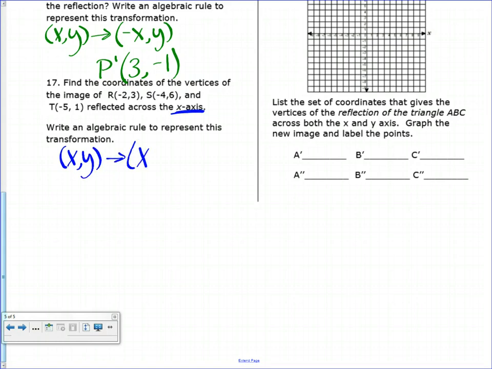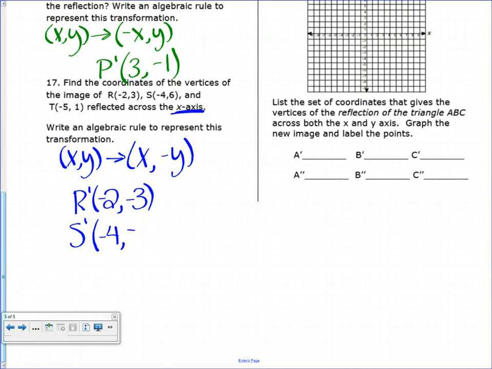So x's stay the same, opposite for the y's. So R prime, my -2 stays the same, my +3 becomes -3. S prime, my -4 stays the same, my 6 becomes -6. T prime, -5 stays the same, +1 becomes -1.